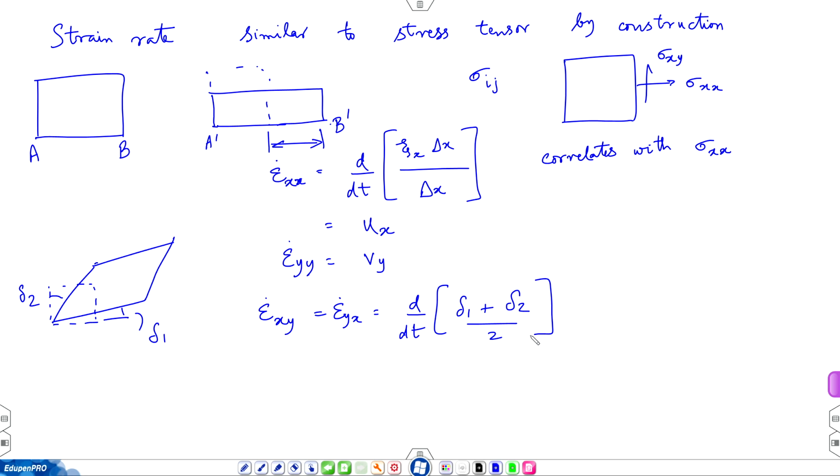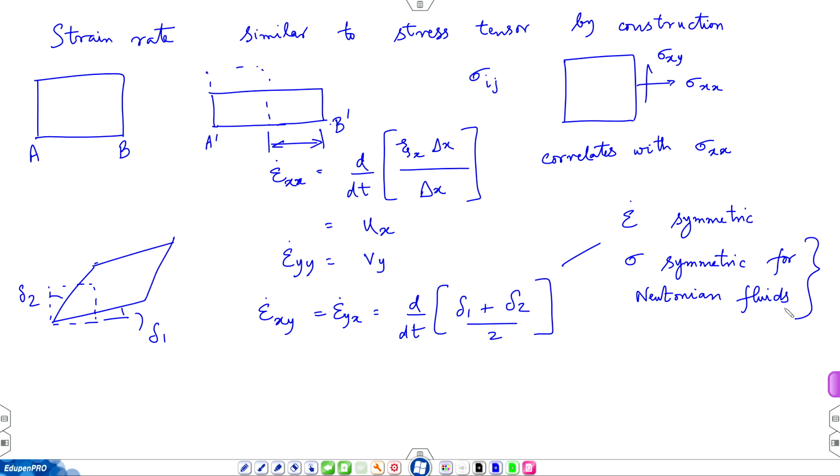So, the question to be asked is, is sigma symmetric? Not necessarily, but it turns out it is symmetric. It's an observation.